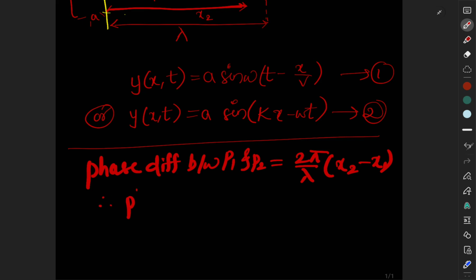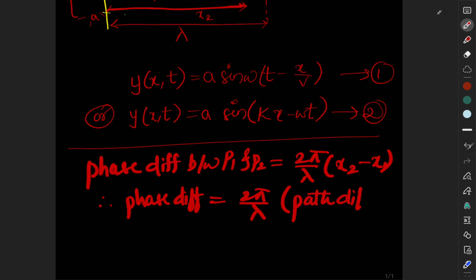So therefore phase difference becomes 2 pi by lambda times, what is this x2 minus x1? x2 minus x1 is nothing but path difference. When two or more waves overlap in some region of space, interference effects are observed.